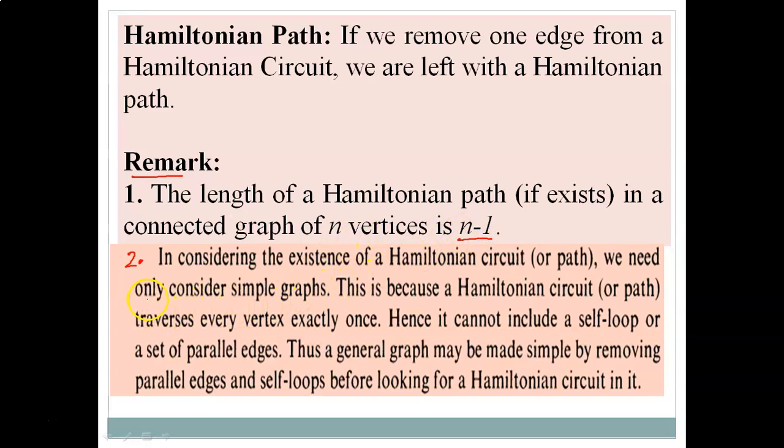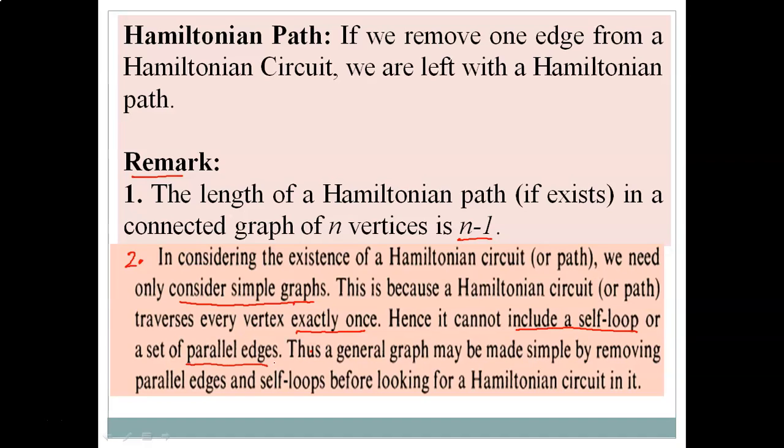The second remark is that in considering the existence of a Hamiltonian circuit or path, we need only consider simple graphs. This is because a Hamiltonian circuit or path traverses every vertex exactly once, hence it cannot include a self loop or parallel edges.